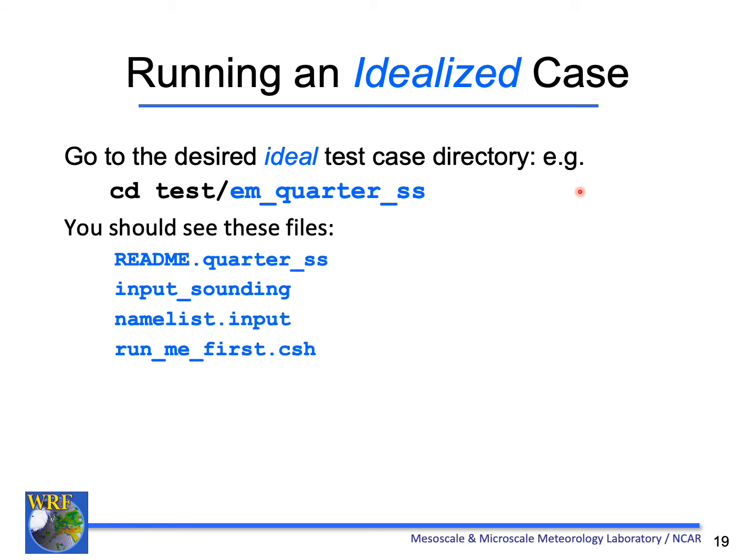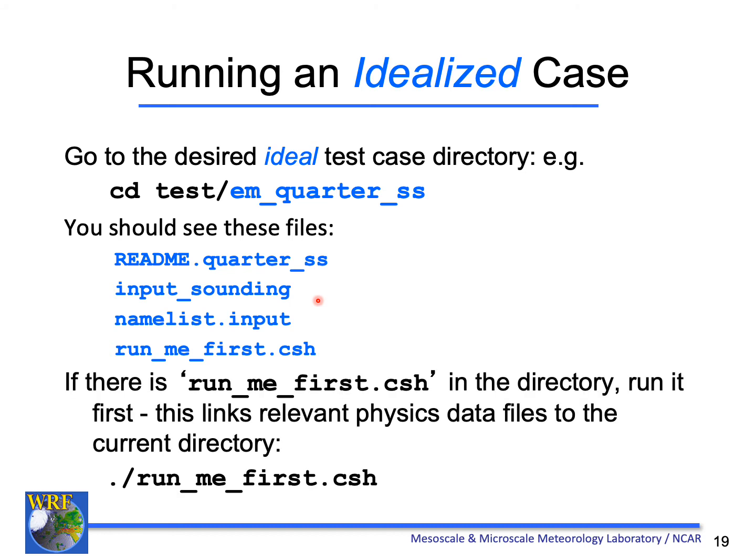Let's change to this test case directory. Here we should find these files among others. The README file has some case information. The input sounding file is a text file which specifies the initial atmospheric wind, temperature, and the moisture profiles. We also see a file named run_me_first.csh, and we would run this file to link physics data that might be used by this case.